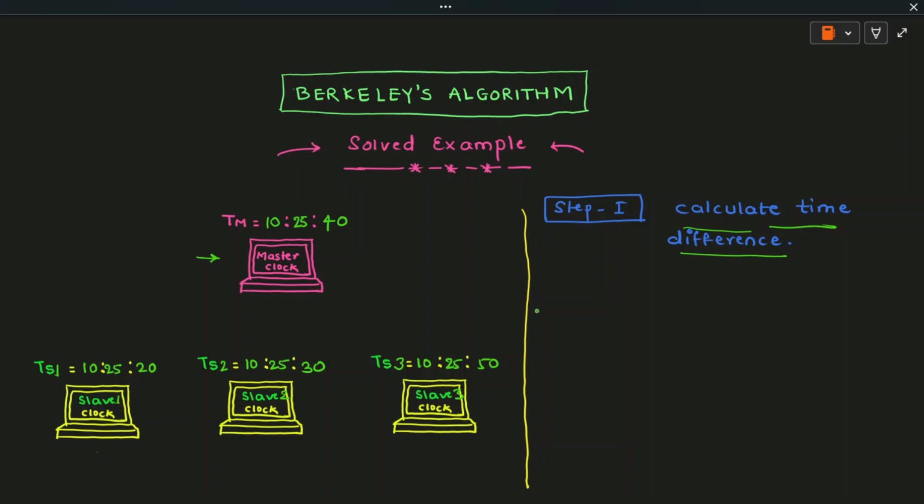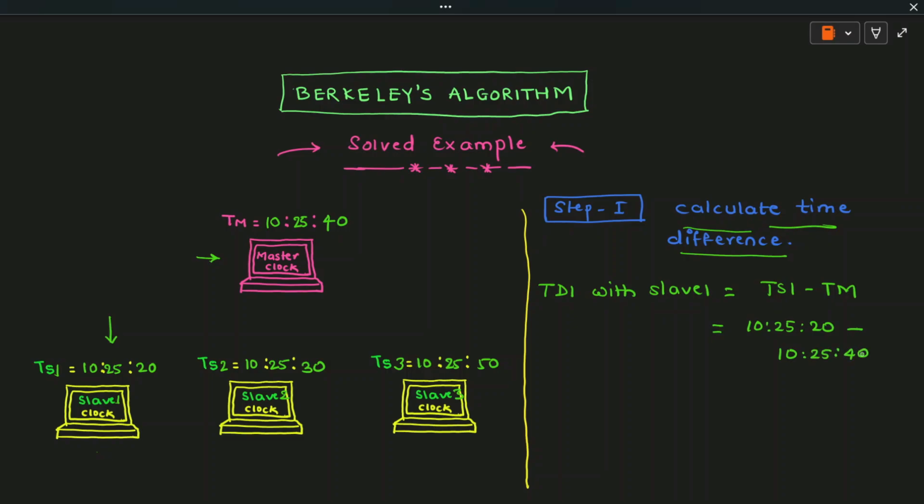So let us start calculating the time differences. I will say that time difference 1 with slave 1 is equal to TS1 minus TM, that is time of slave minus time of master. Here TS1 is 10 hours 25 minutes 20 seconds as mentioned here, and the time of the master clock is 10 hours 25 minutes and 40 seconds.